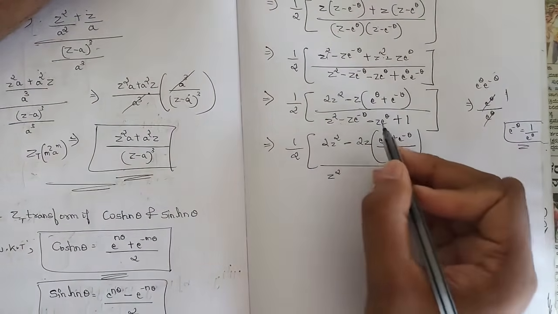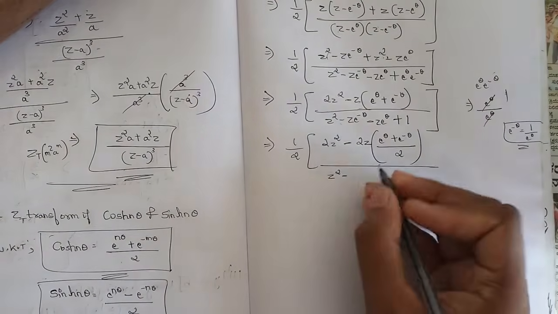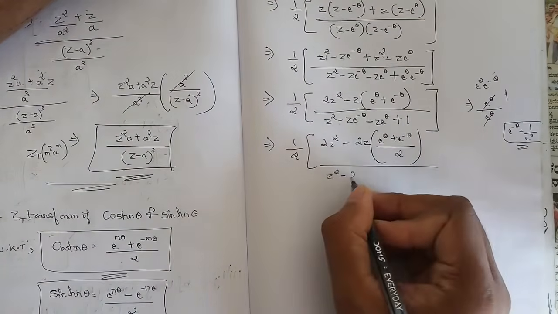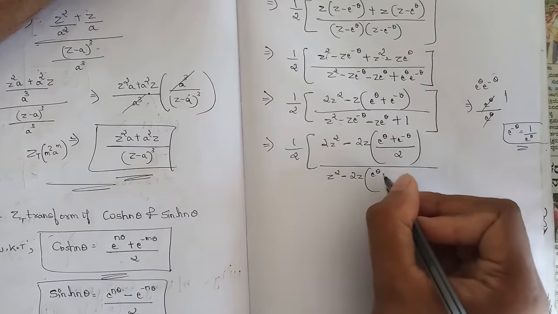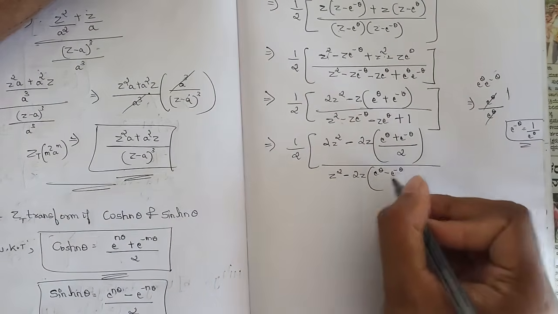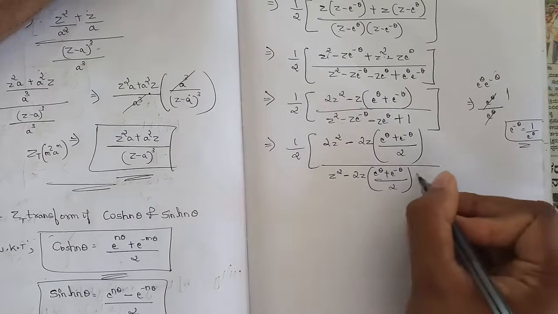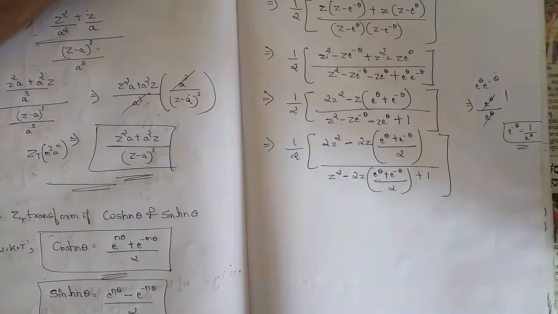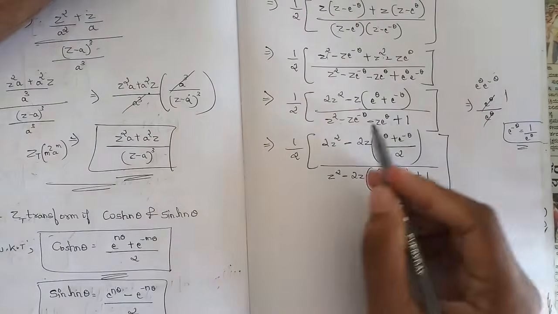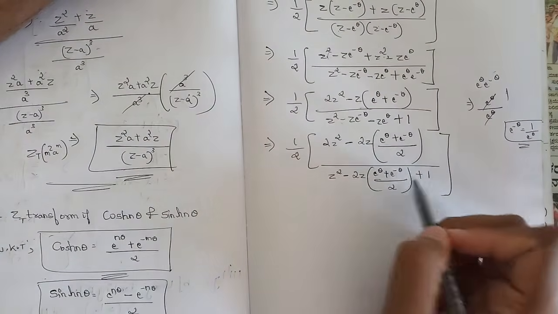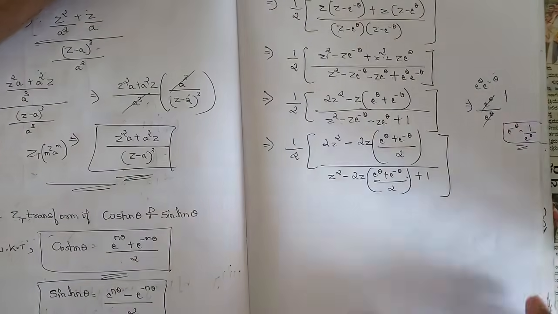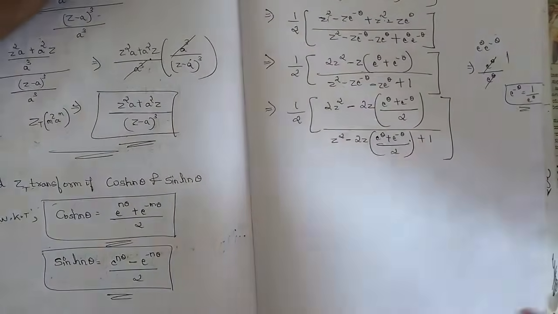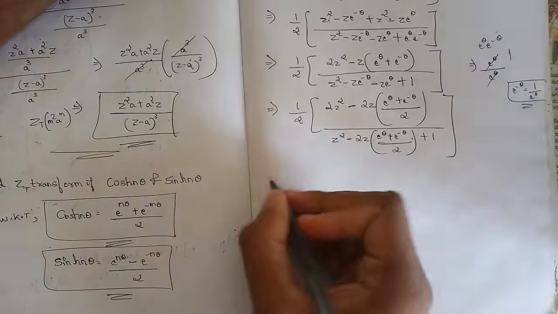See that minus z, we can take it common, and we can multiply 2 as well there to get the hyperbolic function. That is e power theta plus e power minus theta divided by 2 plus 1. So we are just doing this multiplying and dividing by 2 for the sake that we need to get a hyperbolic function, so that we can directly write the hyperbolic function.